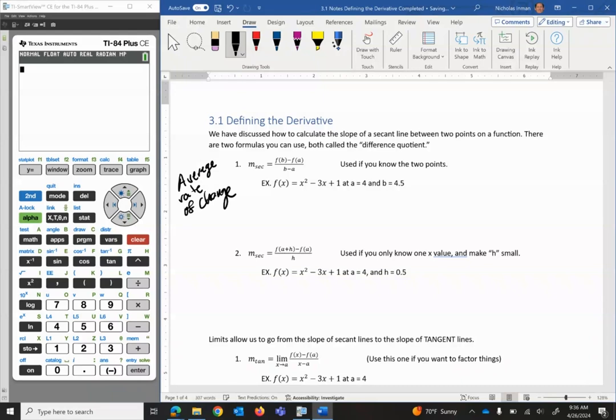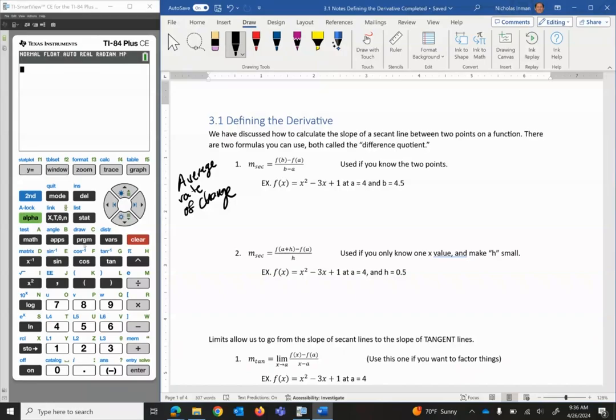We did this in Math 171, earlier in the first module. If you know two coordinate points on a function, you can find their slope. If you connect them with a line, it's called a secant line, so this is the slope of the secant line.